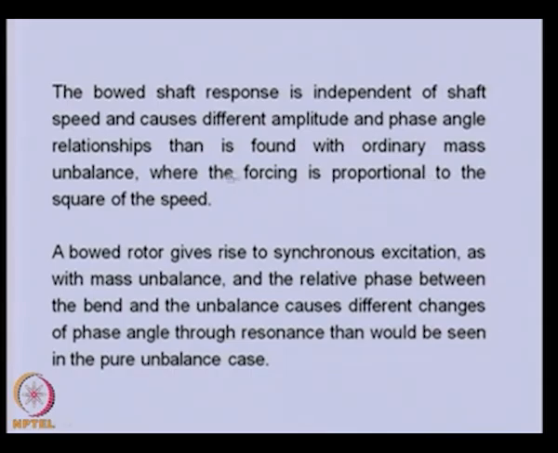We know for unbalance the force is proportional to the square of the speed, but for the bowed shaft it is not the case. Both give rise to synchronous excitation, as with mass unbalance, and the relative phase between the bend and the unbalance causes different changes of phase angle through resonance than would be seen in the pure unbalanced case.